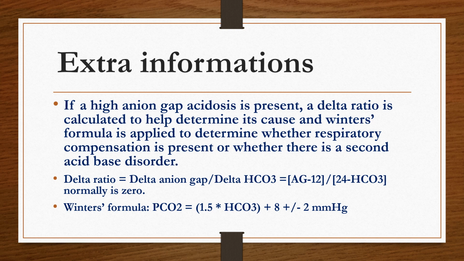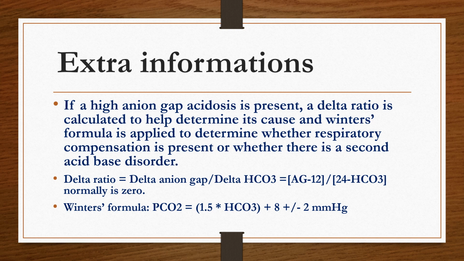So we measure the PCO2 at the beginning when we do the ABGs, the blood gas. We take a blood sample and we measure the PCO2, one of the things we measure. So we have already a measured level of PCO2.